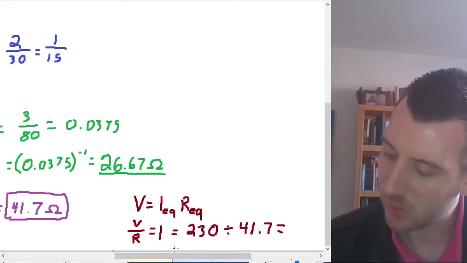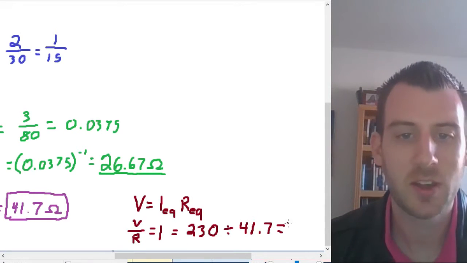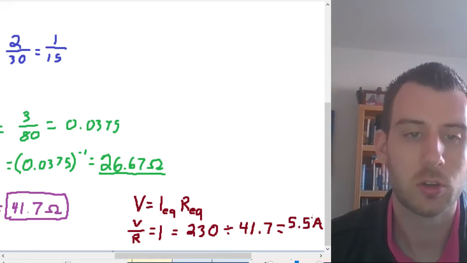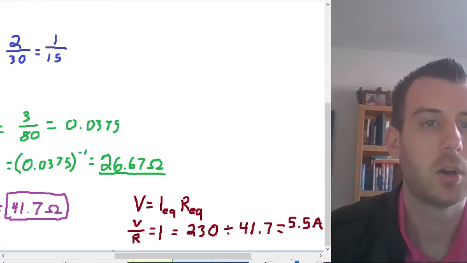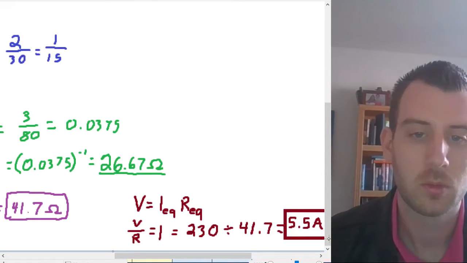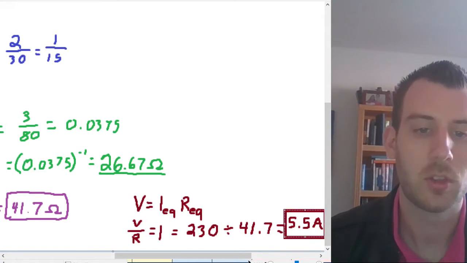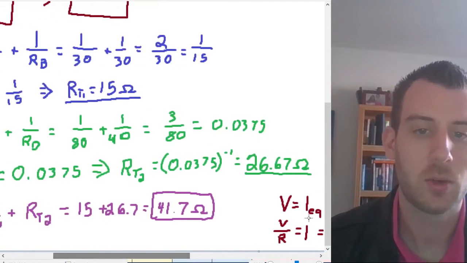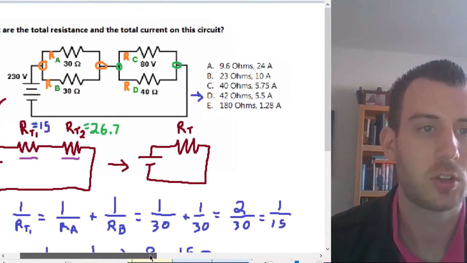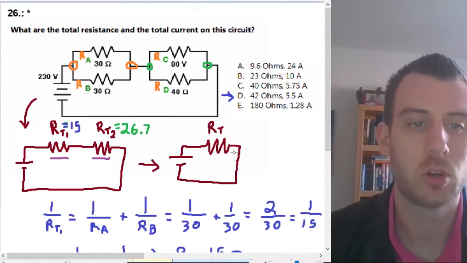And that's going to bring us out to about 5.5 amps of equivalent current. And I can box that up just nicely. And so there we go. Let's go back and see if that was our answer. Yep, 5.5 amps, because it was asking us for the total resistance and total current of the circuit.